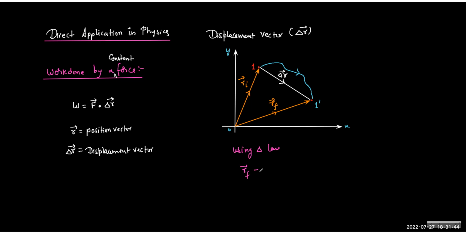Excellent. So you had some initial position, and then you suffered the displacement, and this changed the value to a new value which we call R final. So initial plus the change is the final, and therefore we can also write change equals final minus initial, and that is where the definition comes from. Displacement is defined as change in position vector.